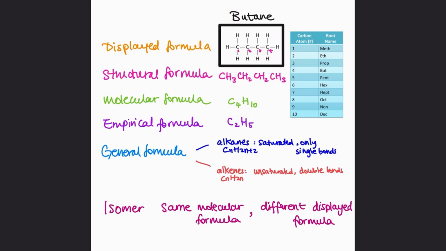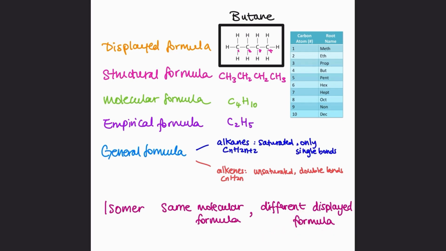So the isomer of butane will also have the same number of carbons and hydrogens, so it also has C4H10, but the displayed formula will be different. In other words, the carbons will be arranged in a different way. So instead of arranging 4 in a row, it might be C, C, C with a C like that. And of course, you have to fill in all the hydrogens. Does that make sense? Okay, so that is an isomer.